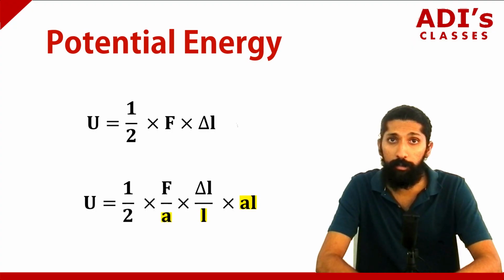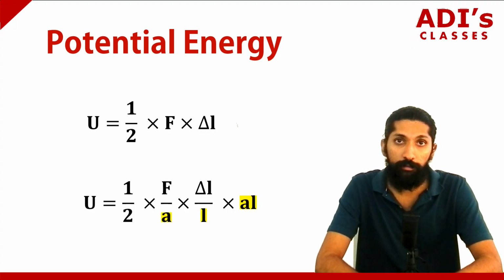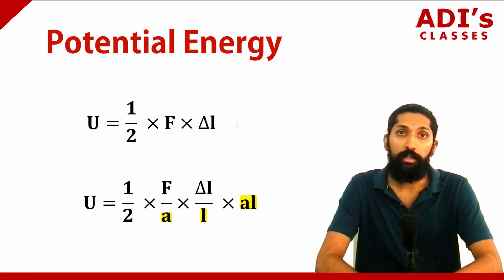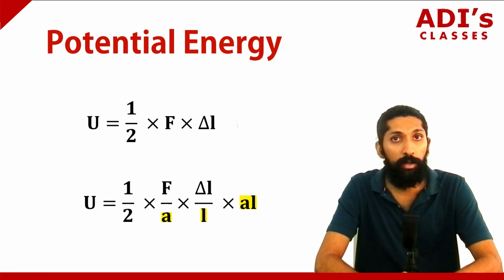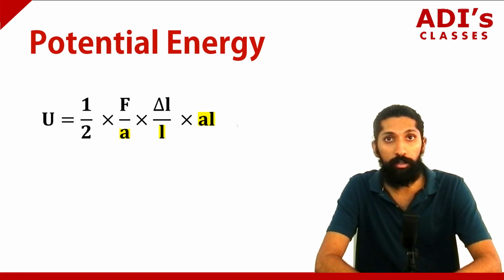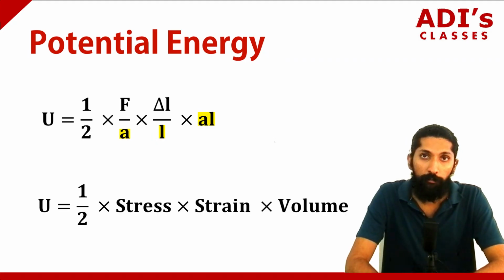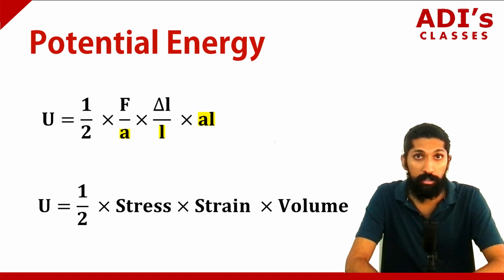Now multiply and divide by A and L. That means you have half into F by A into delta L by L into A into L. F by A is stress, delta L by L is strain, correct? So half into stress into strain into volume.